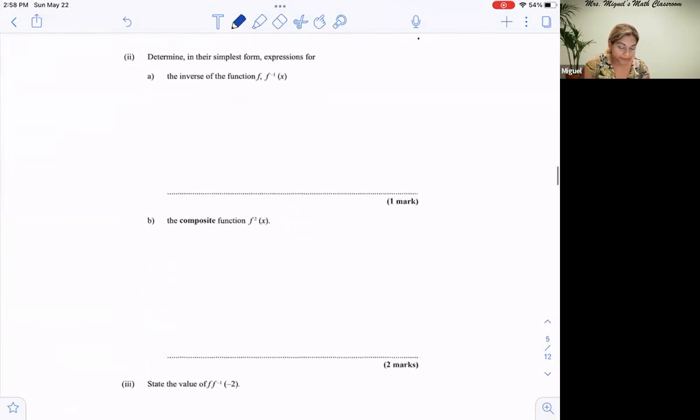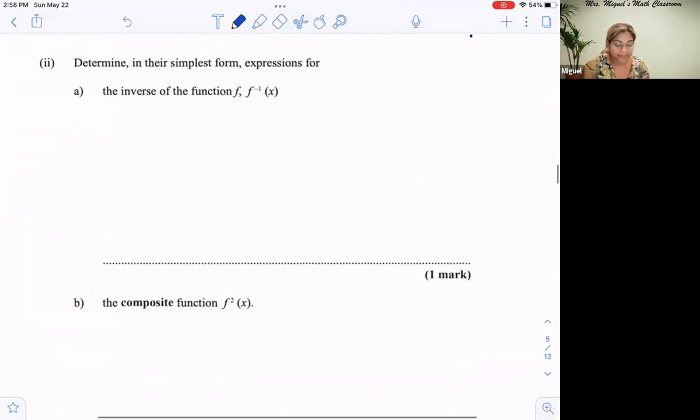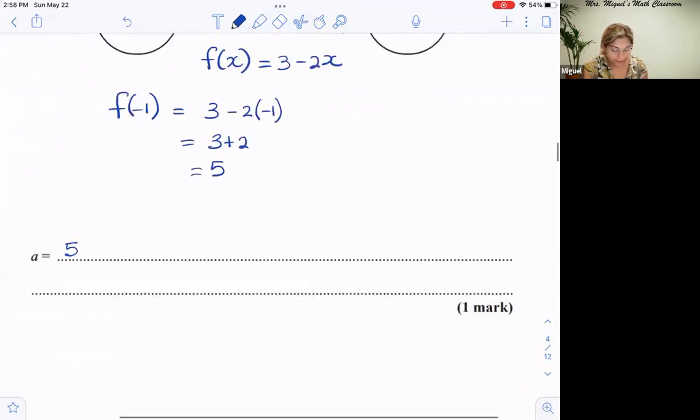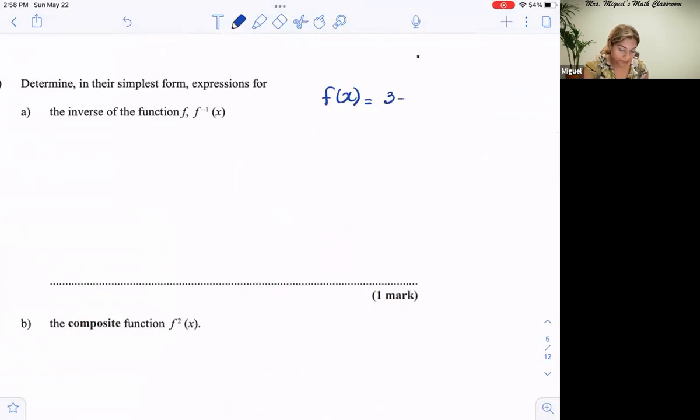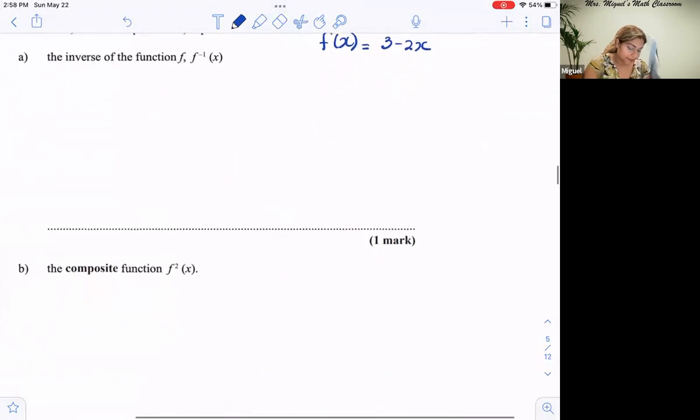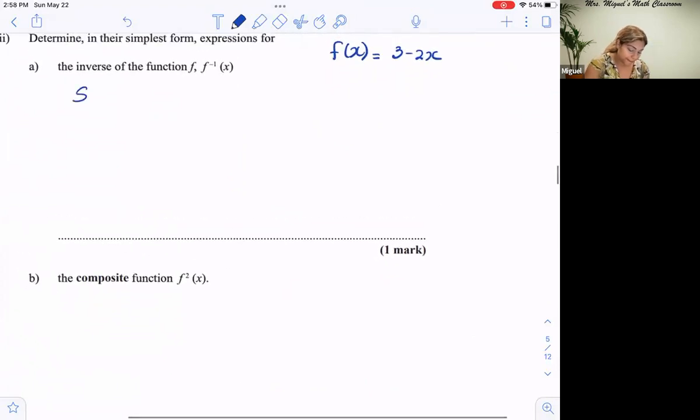The next part, determine in the simplest form the inverse. So let's write the function f of x. F of x is 3 minus 2x. I am not going to do it as yet. I'm going to give you the steps and you try it. Step 1, let y be equal to f of x.